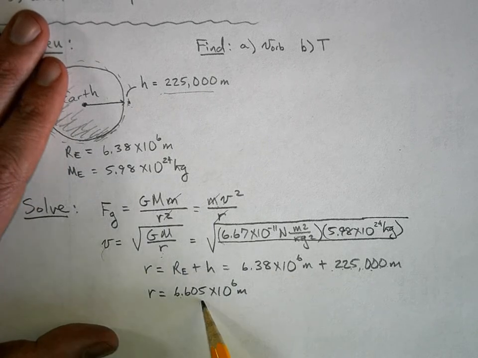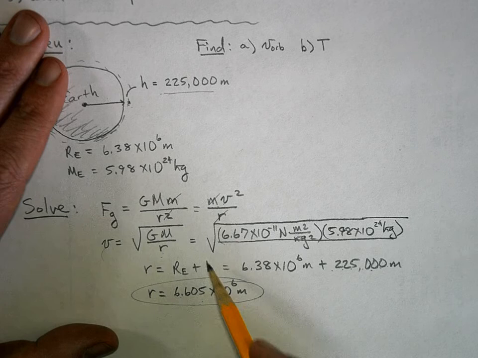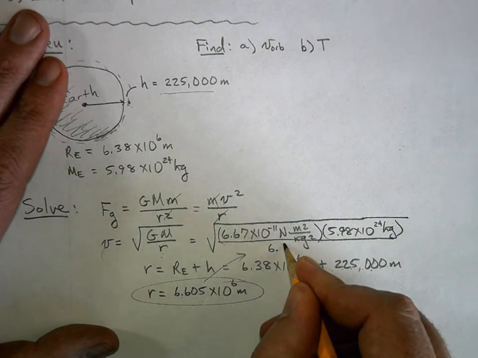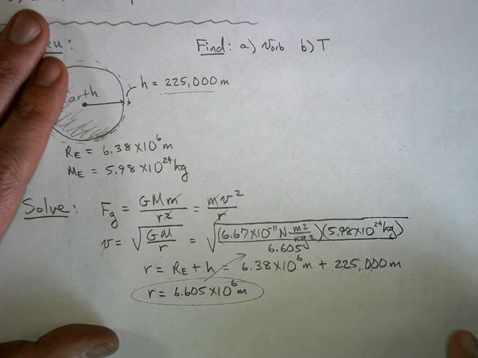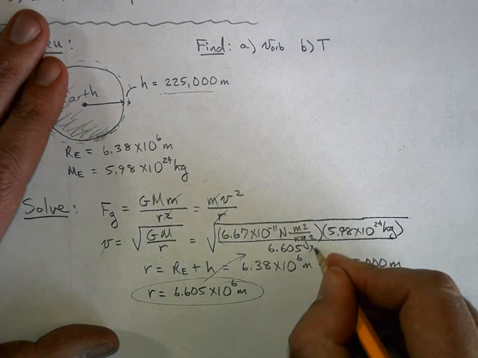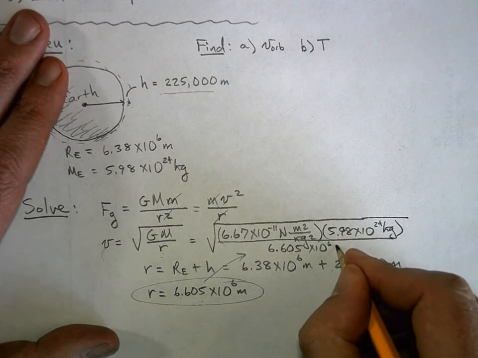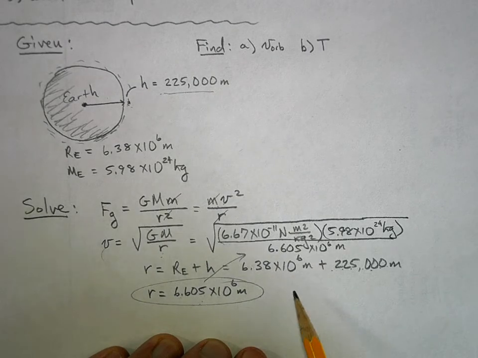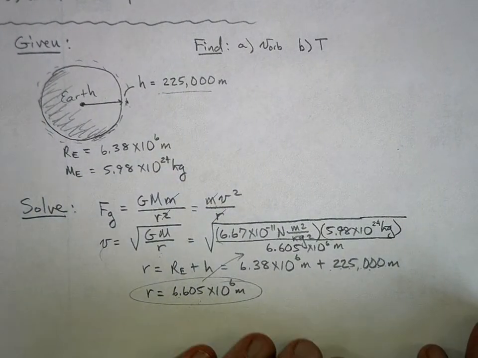Now we can plug this value for r into there. 6.605 times 10 to the 6 meters. Now do this, okay? I'm going to show you the answer. Use your calculator and do it yourself, because if you can't do it yourself, then there's no point.